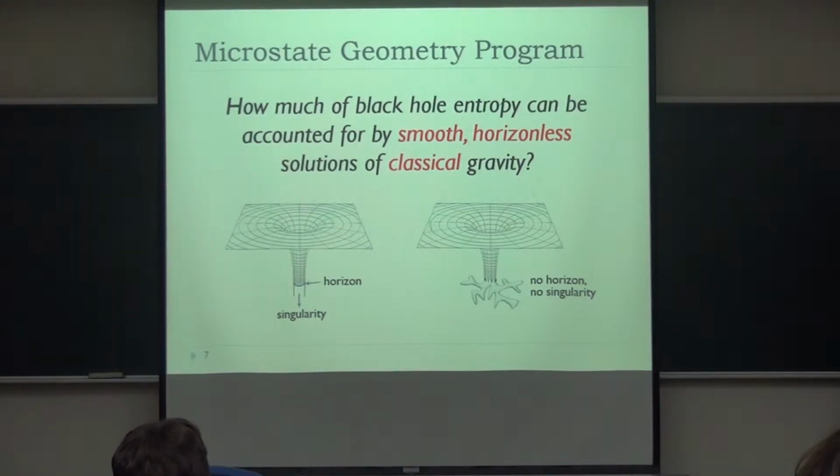That's an interesting question. The answer may be one, so the full entropy can be reproduced, or maybe only a measure-zero set can be reproduced by the classical geometry, but it's still an interesting question to ask.